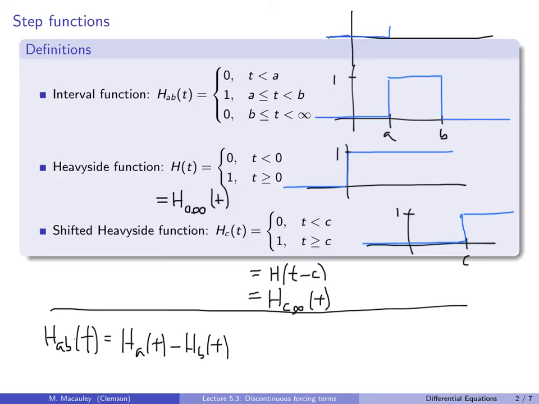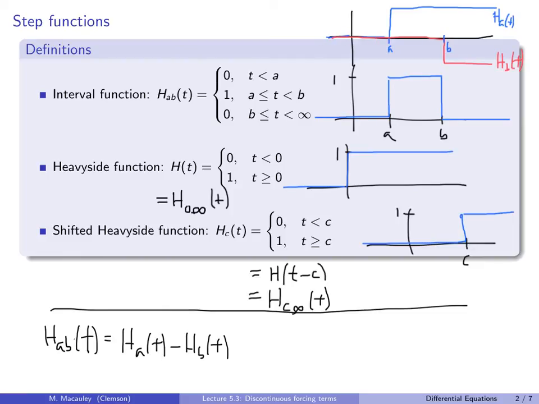So this is the shifted Heaviside function H_A of t, where this is A, and then I want to subtract off the shifted Heaviside function H_B of t. And notice what I get if I take this blue function and subtract off this function: everything to the right of b is going to be 0 because this cancels with this. Everything to the left is 0, and I get the interval function.